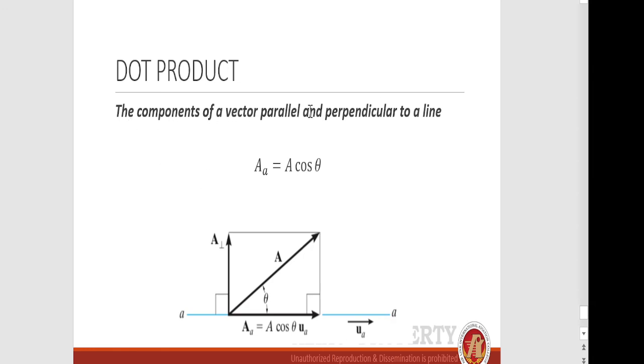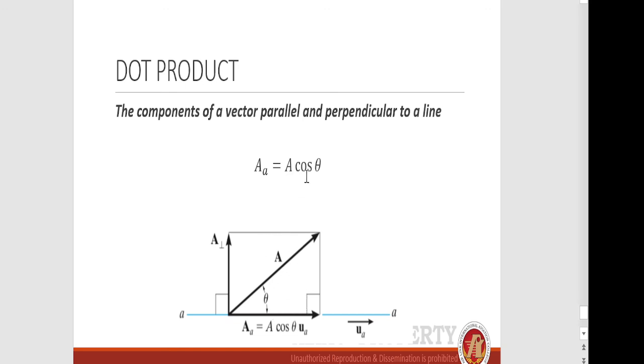And the components of a vector parallel and perpendicular to a line: A alpha should equal A cos theta, because cos theta equals base over hypotenuse.